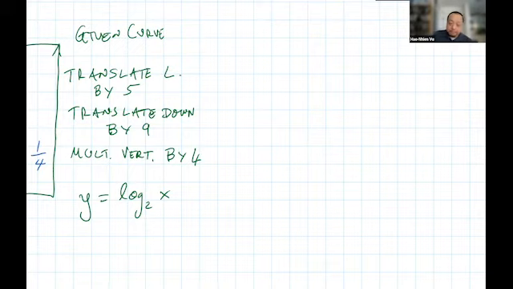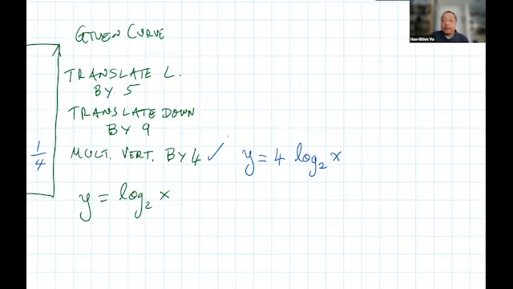Let's do it. If I start with log base 2 of x and I multiply vertically by 4, then that means I have y equals 4 times log base 2 of x. And then I translate down by 9. So that means I'm going to subtract 9 over here.